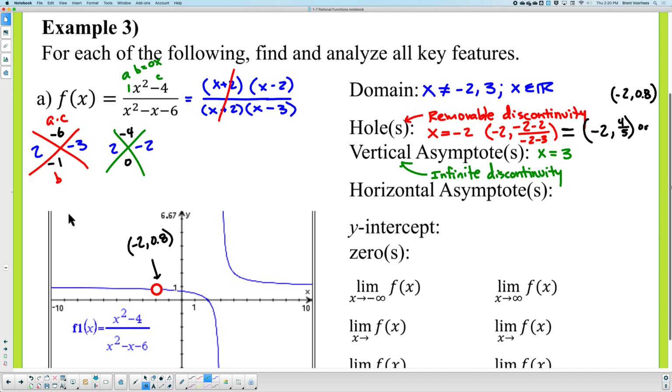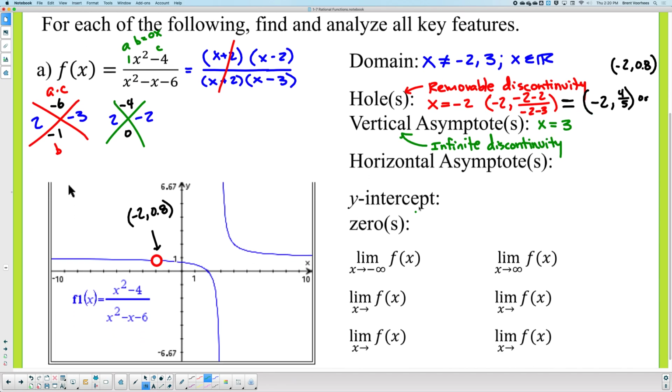Say 3. x equals 3. That's it. So I'm going to add that to my graph now. This is the infinite discontinuity at x equals 3. It should look like this right there. From the factor in the denominator that did not get canceled. That one right there. That's where it came from. That is x equals 3. Got it.